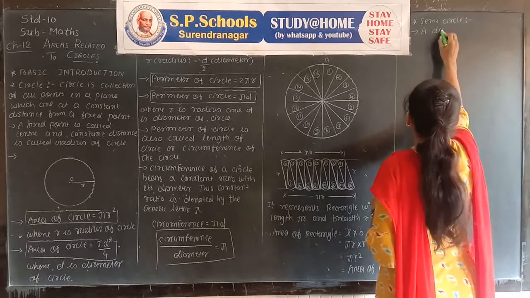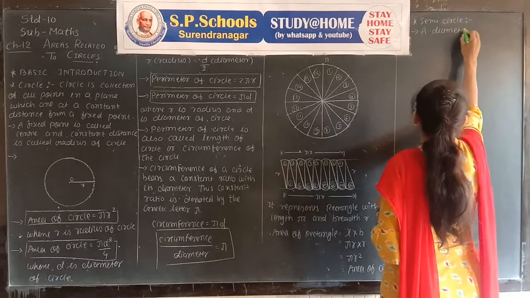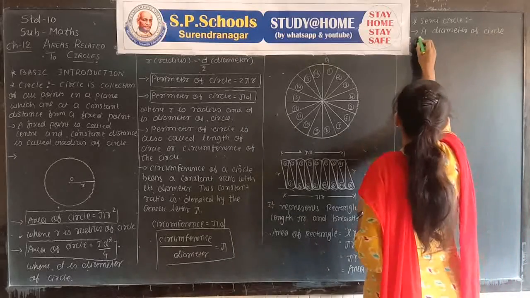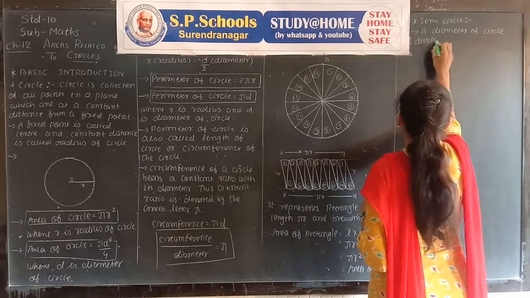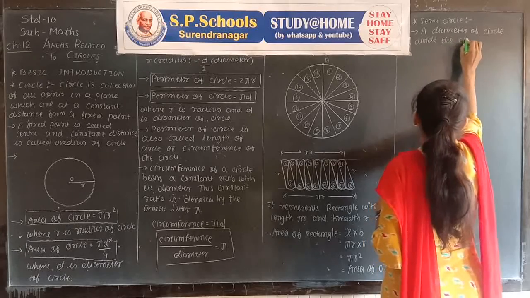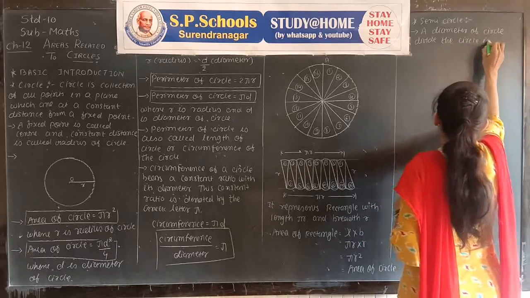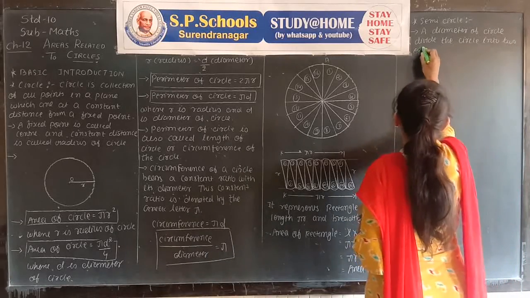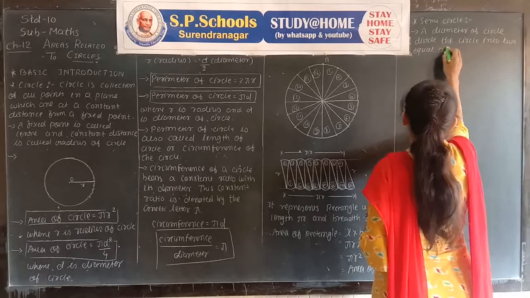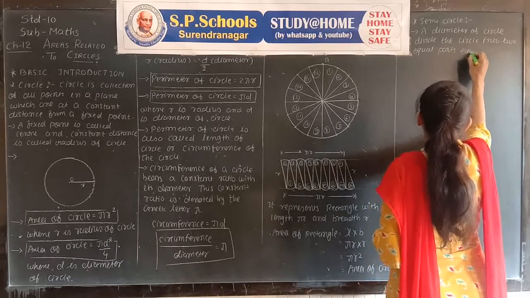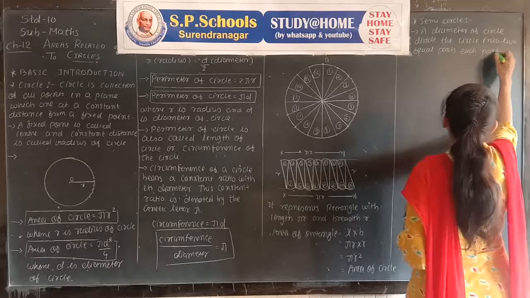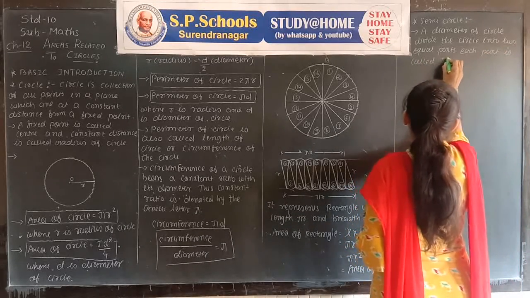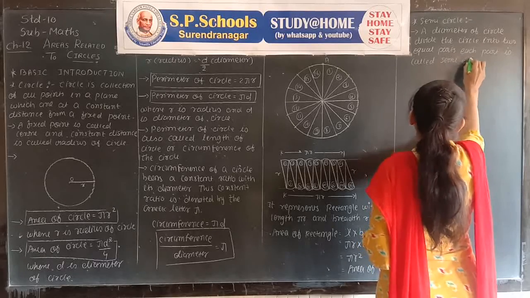A diameter of the circle divides the circle into 2 equal parts. Each part is called a semicircle.